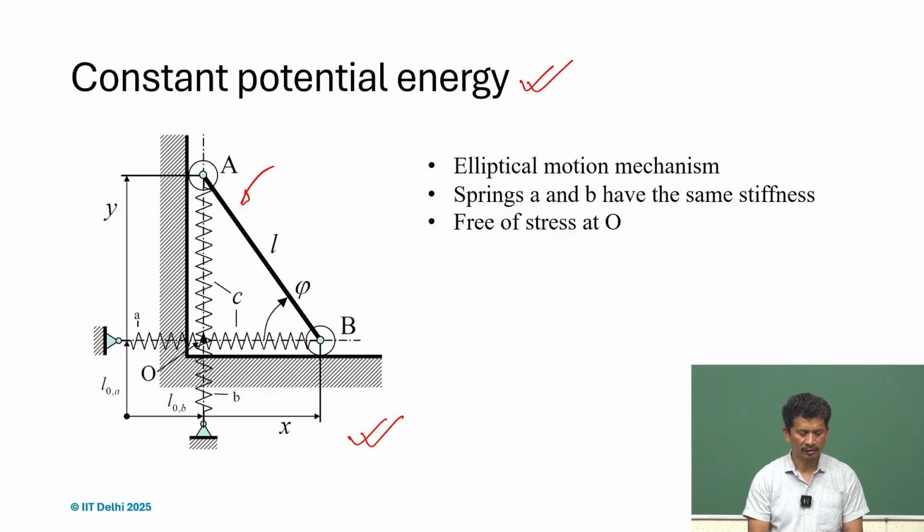It generates an elliptical path, and that's why it's called an elliptical motion mechanism. And if it's the center, then we can get even the circle. So it's a very good mechanism. And so can we make it position independent or orientation independent?